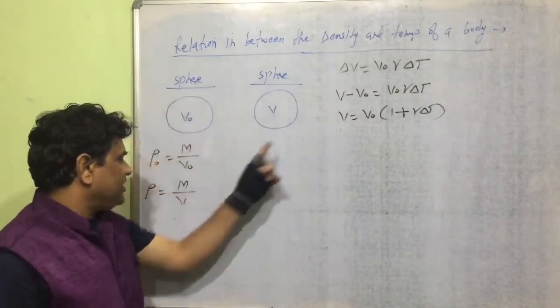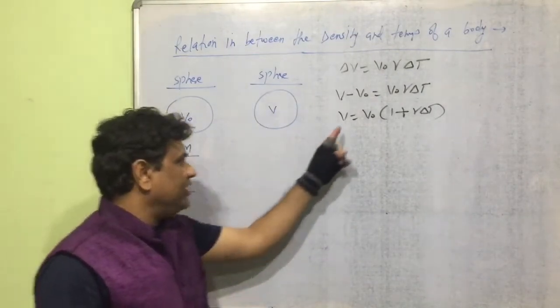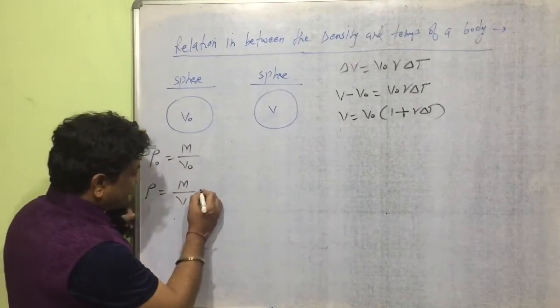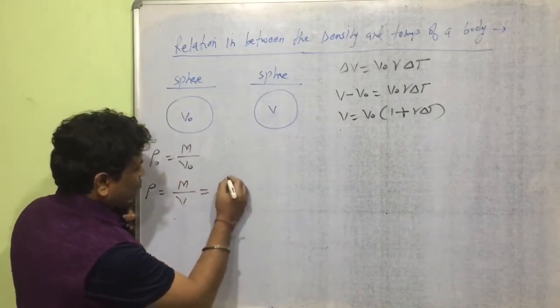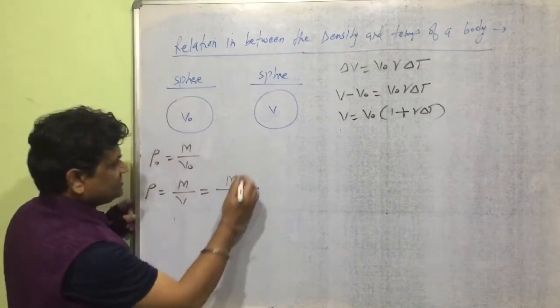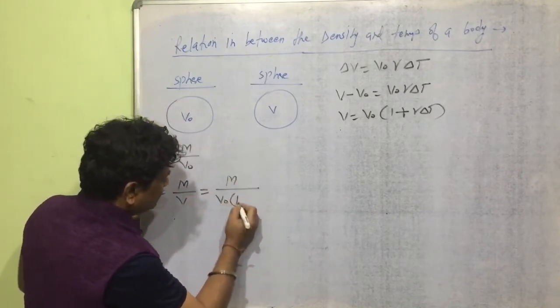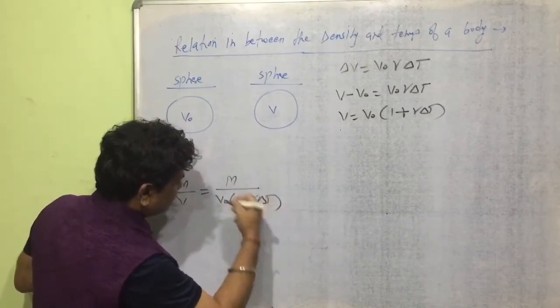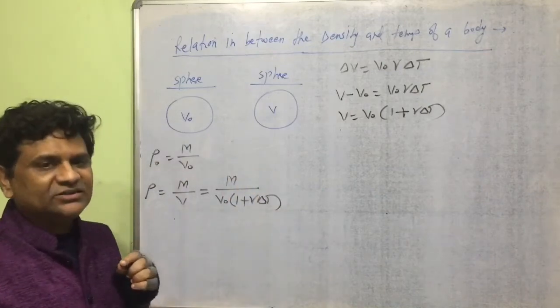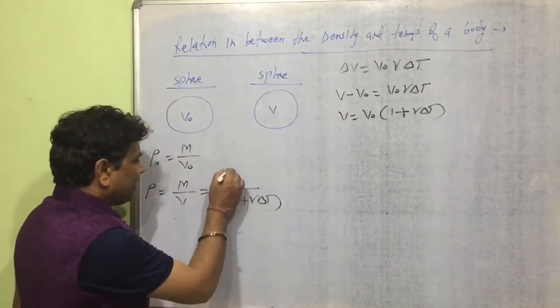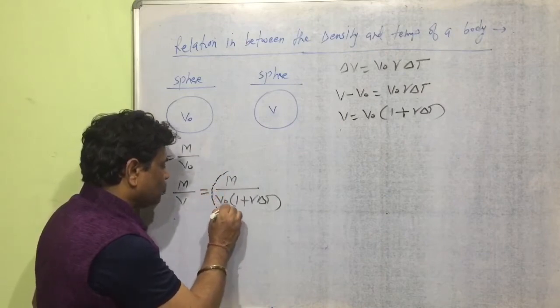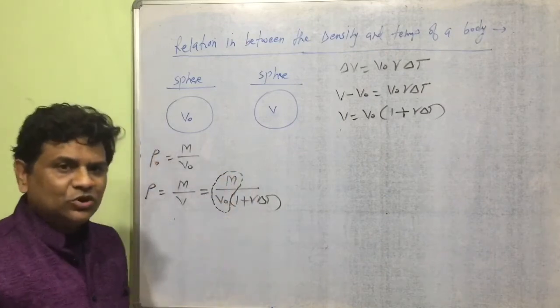Now this value we can put in this relation. Put the value of volume in this relation. Rho will become equal to m by V, which is m divided by V naught into 1 plus gamma delta T. Now m by V naught is equal to rho naught.